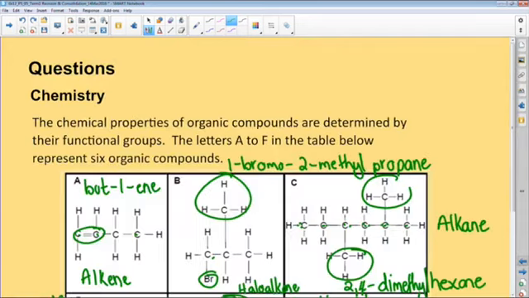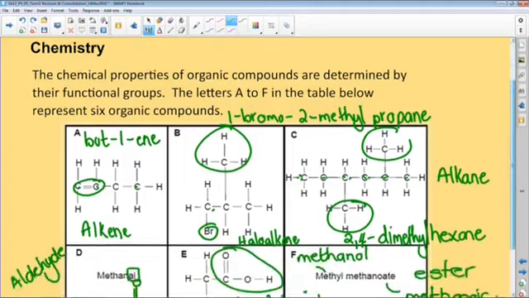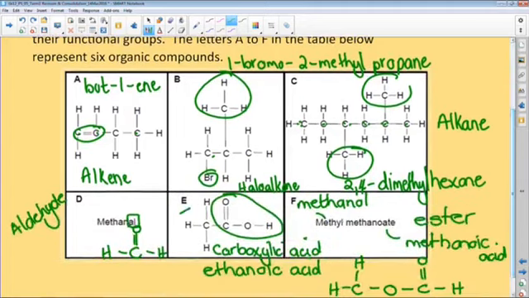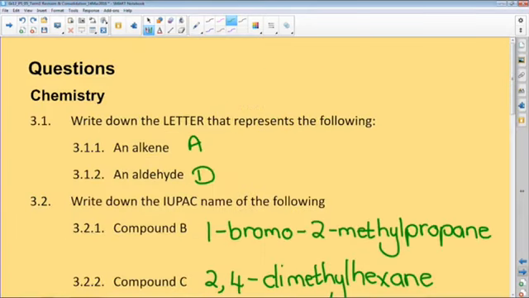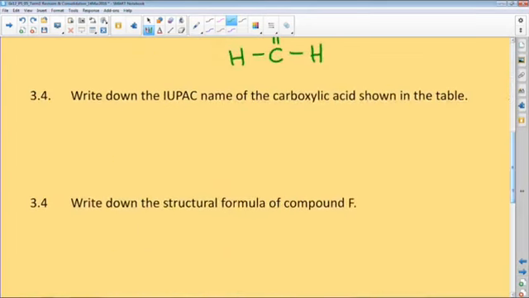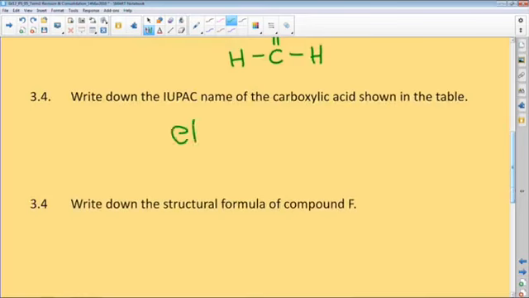So now this is a two-way thing, because now I've got to recognize the carboxylic acid, which we said was E. We named it straight away. It was ethanoic. So now I can go back here and write ethanoic acid. Two words, very important.